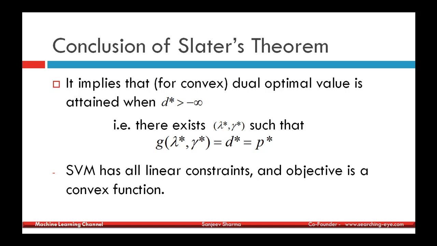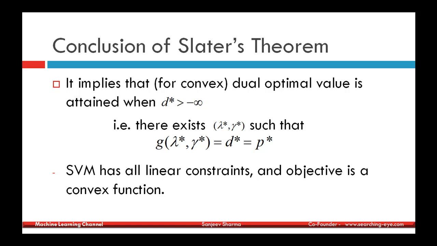There, strong duality holds. This means that d star is greater than negative infinity only when the primal problem is feasible. If the primal problem is a convex problem and if it is feasible, then d star will be greater than negative infinity, and if Slater's conditions hold, then strong duality will hold in such a case.